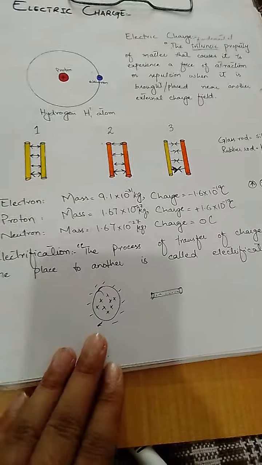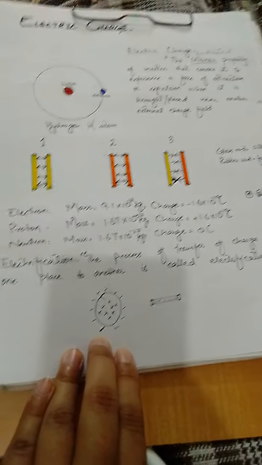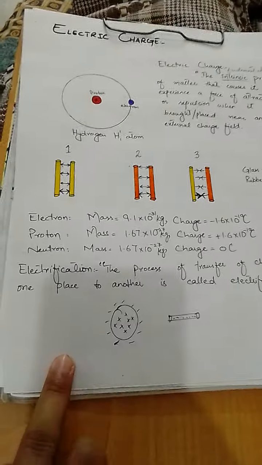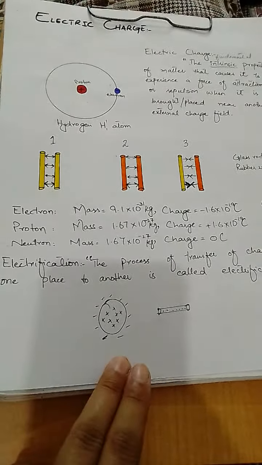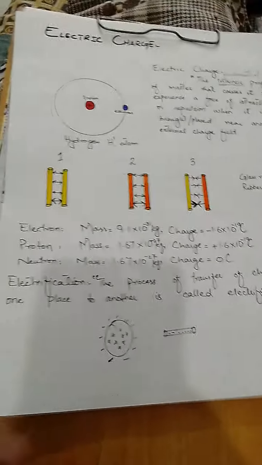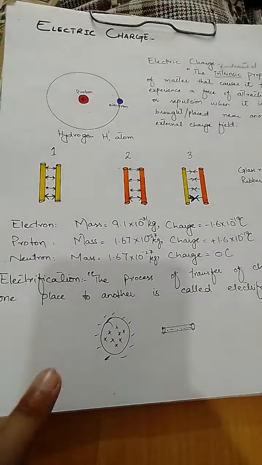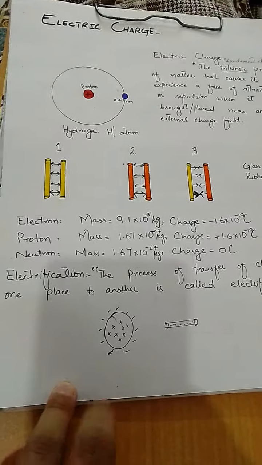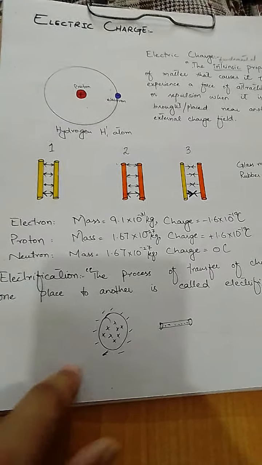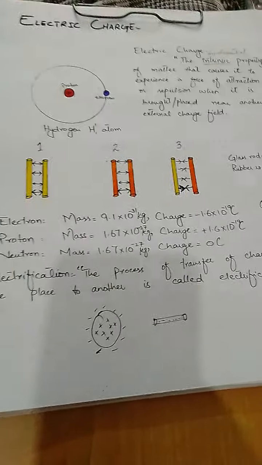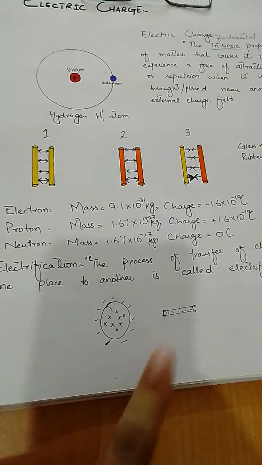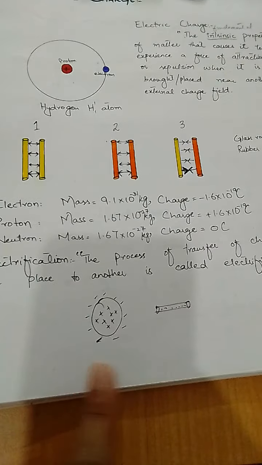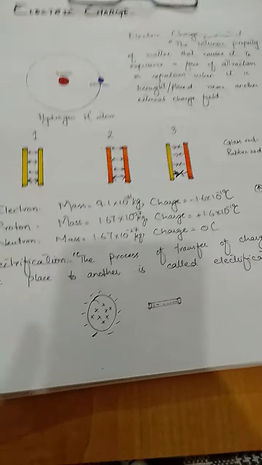You have to understand that charge would never be created. It has to be transferred from one point to another. So in every case, we will have to have a source from which charge can be transferred from one place to another. If we just have one body and not the other, then the transfer of charge cannot take place.